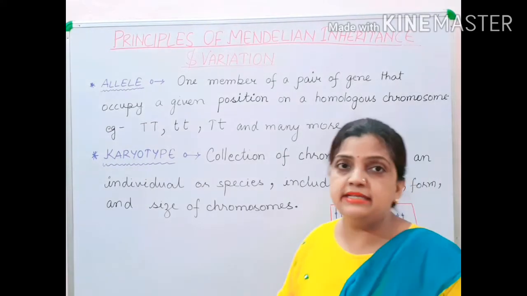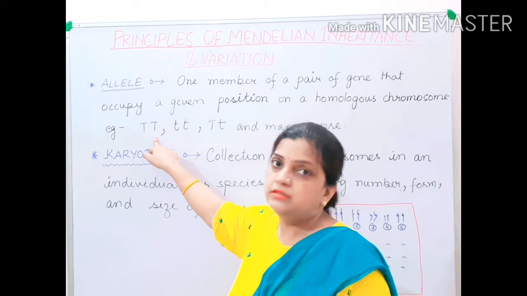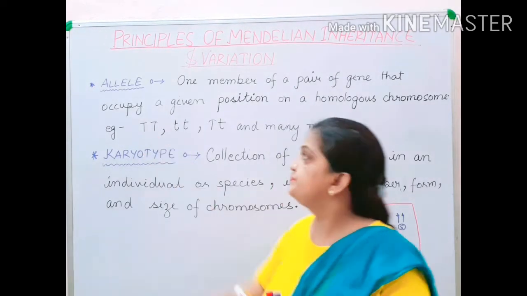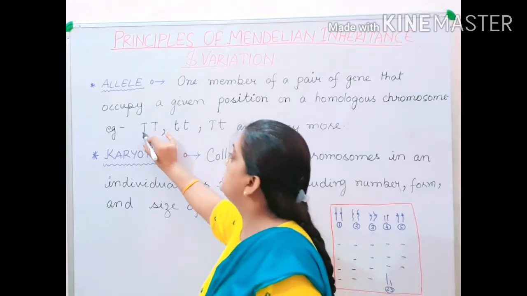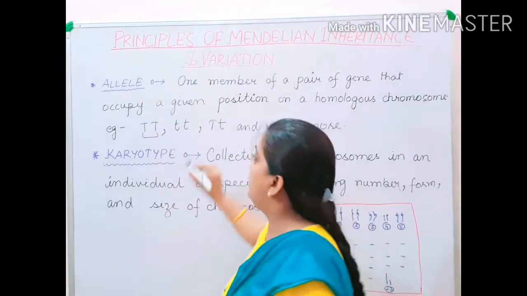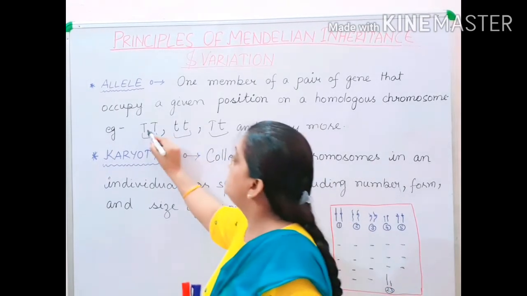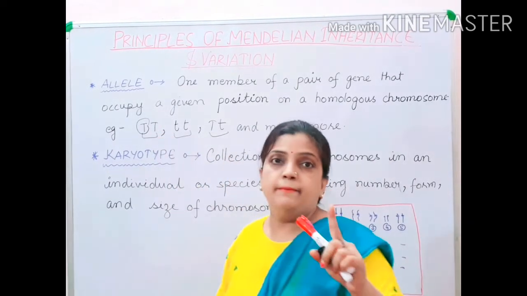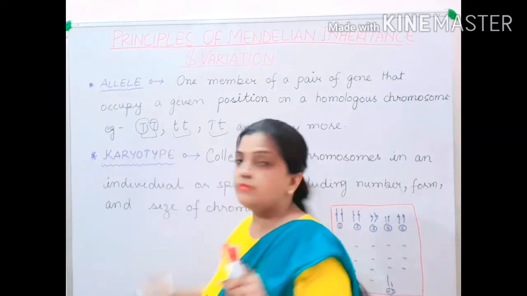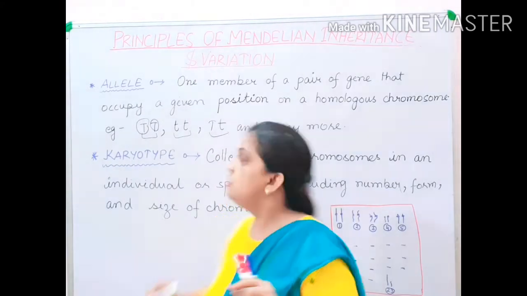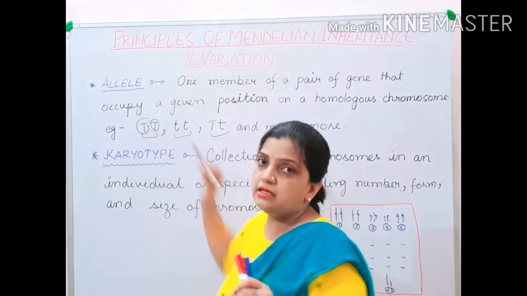So for height, we have taken the letters capital T and small t. Again I repeat in short, this is a gene and this is a gene. One member is your allele and this is the second allele. So in a pair of genes, two alleles are located.